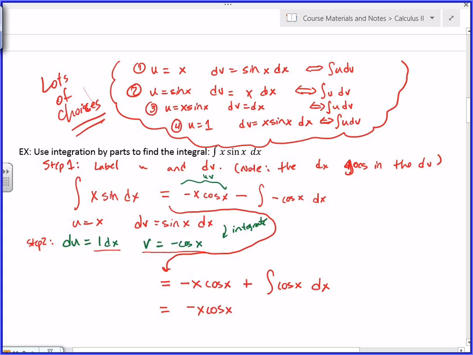Derivative of sine is cosine, so it's positive sine. And always remember your plus c. So this right here is the antiderivative of x sine of x. Left out my x up here, by the way.